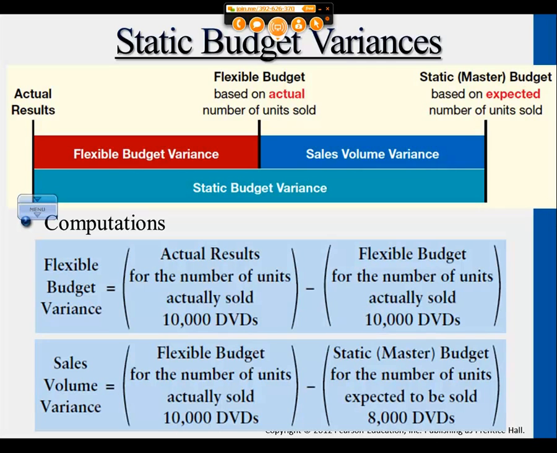So when I'm talking about the flexible budget variance, I want you to compare the actual results with the flexible budget for the number of units that are actually sold, right? So what is our flexible budget variance? It's our actual results minus flexible results, for the actually sold. Pay attention to this, the actually sold.